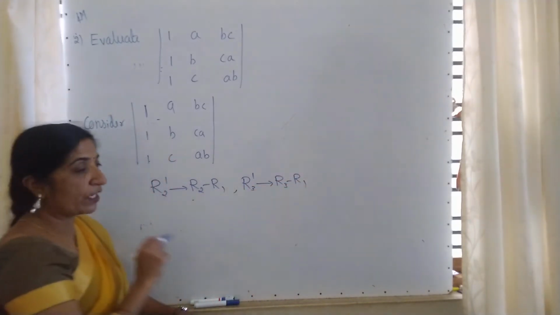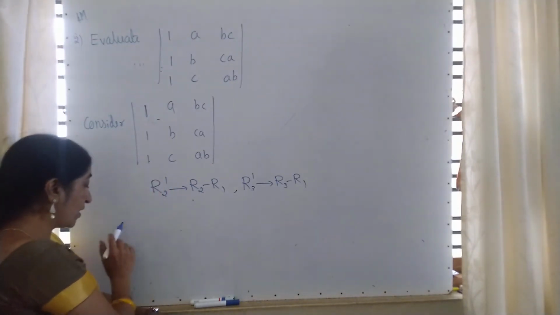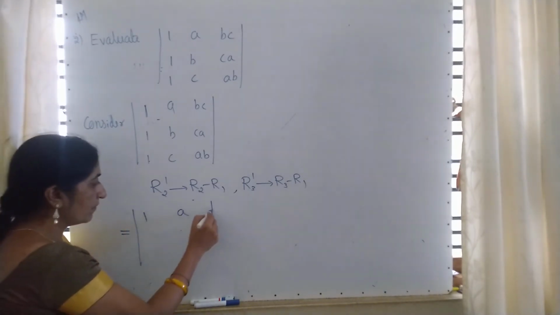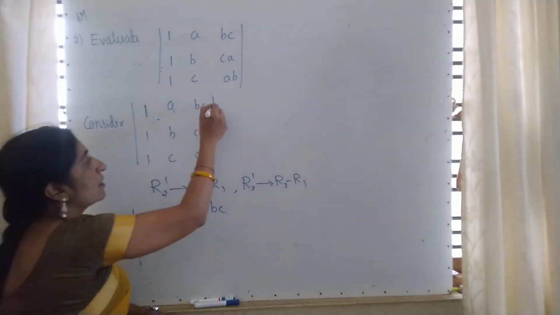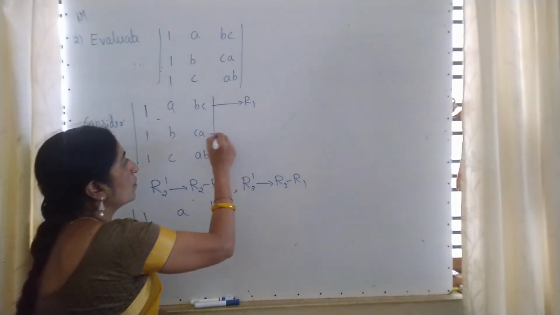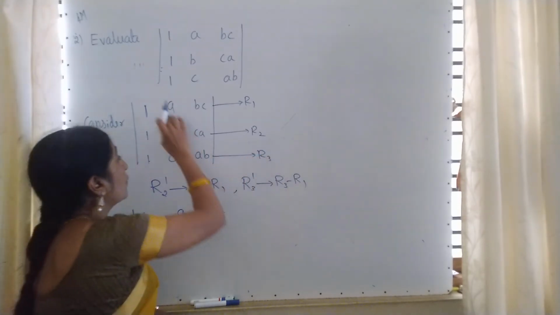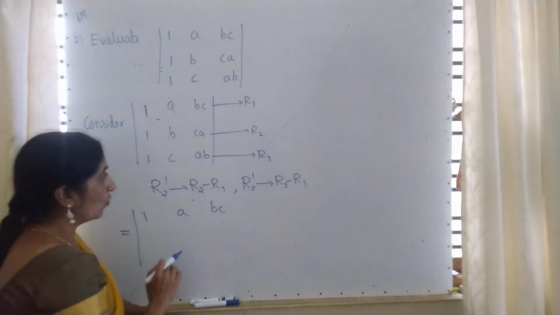If all the elements in the first row are equal to 1. So first row as it is, R2 minus R1, that means corresponding. This is the first row, this is the second row, this is the third row.